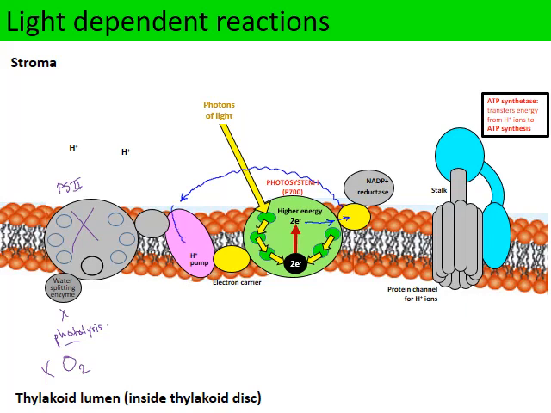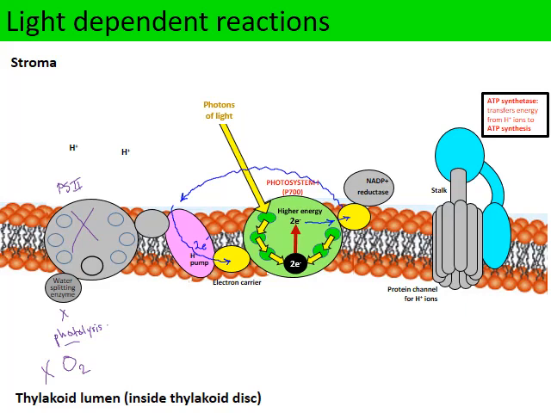So these 2 high energy electrons pass down the proton pump through the ETC, and they lose energy as they do so. This activates the proton pump, and it's going to pump, as we'll see in a minute, protons from the stroma into the thylakoid disc. The 2 electrons are now low energy electrons because they've lost their energy that's activated the proton pump.